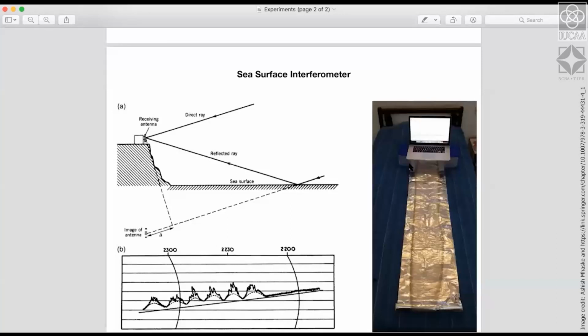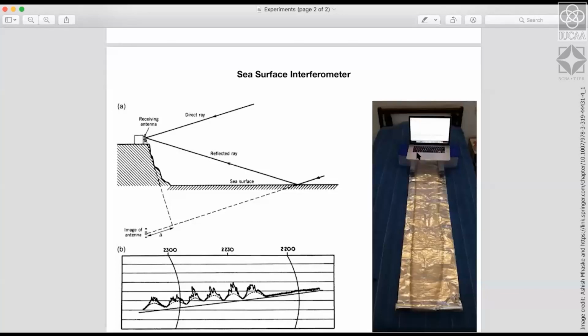Again, I will mention that it is not recommended to do this on a bed, but if you don't have an option, you can try it. And also, you can try varying the height of the laptop above this surface and see the difference in the pattern.